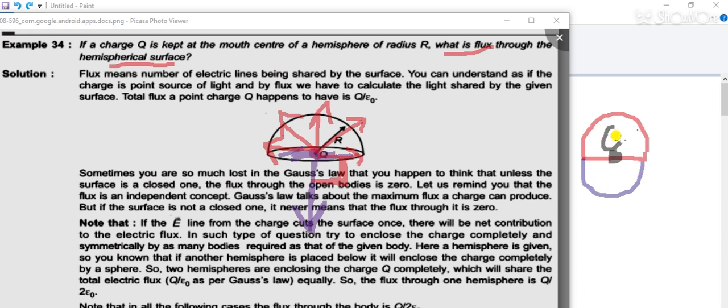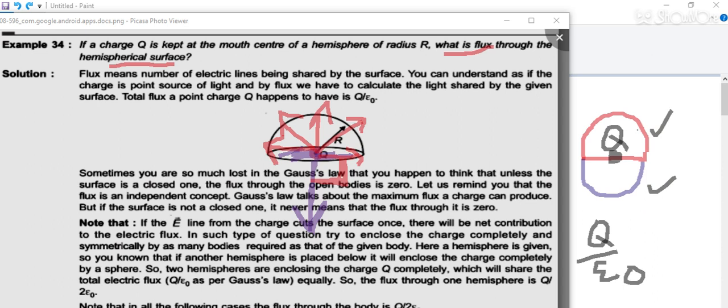So here Q charge is placed, so that means the total flux from this whole spherical surface should be Q by epsilon naught as per Gauss law, 1 by epsilon naught times total enclosed charge. So here it has two parts, one part and two part.